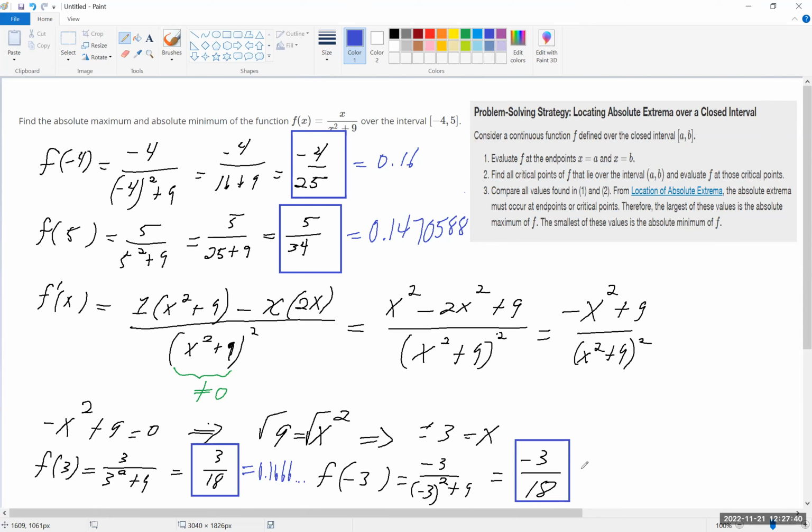And of course, this is going to be negative 0.16 repeating.